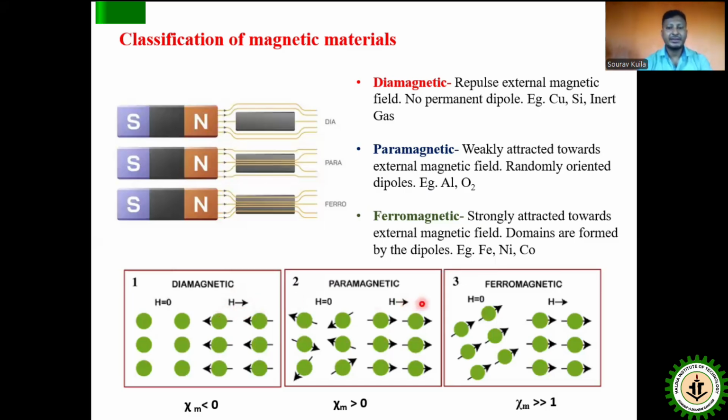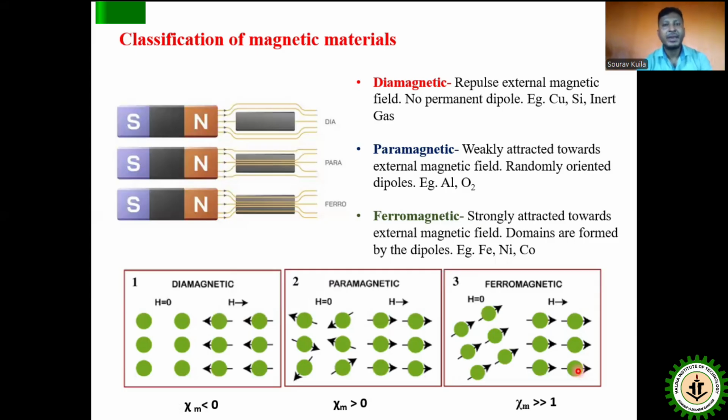In the paramagnetic case, the application of a magnetic field aligns the dipole moments, but very weakly. The magnetic susceptibility is positive. In ferromagnetic material, chi m is much greater than 1, very high.